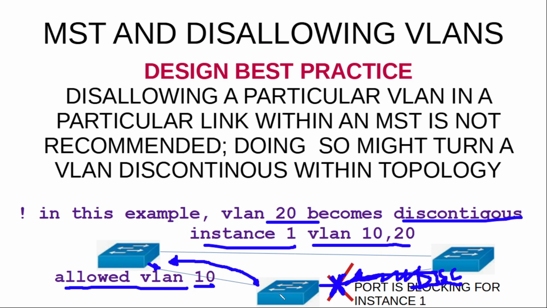You will have VLAN 20 devices here and VLAN 20 devices here that will not be able to communicate with each other, because you just filtered out VLAN 20 from this trunk here, and the frames cannot travel here because this port is in discarding mode. Be aware of that.